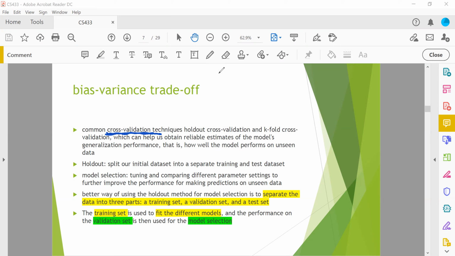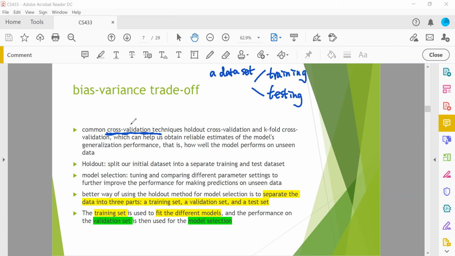Previously we learned that whenever you have a data set, we split it into two parts: the training data set and the testing data set.